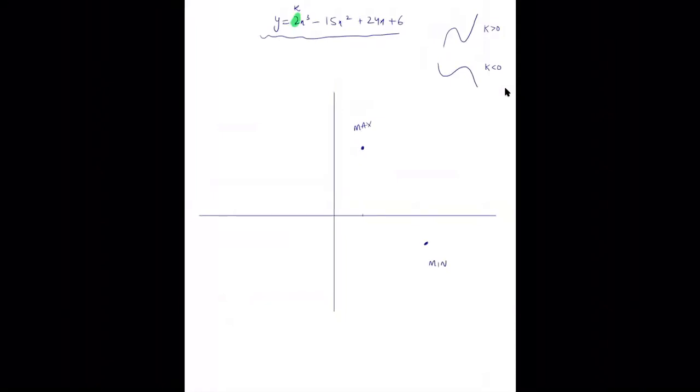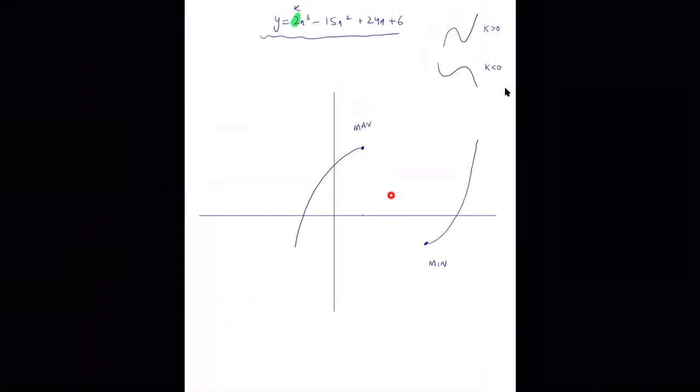So if this is the maximum point, this means that before this point the curve should go down. If this is a minimum point, this means that after this point the curve should go up.